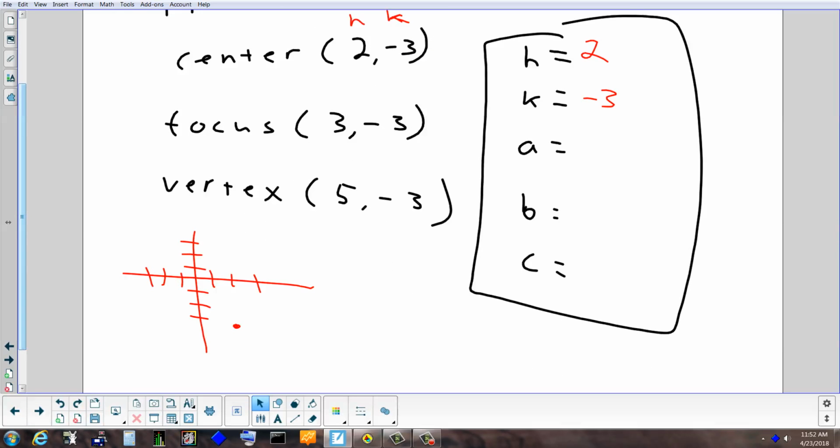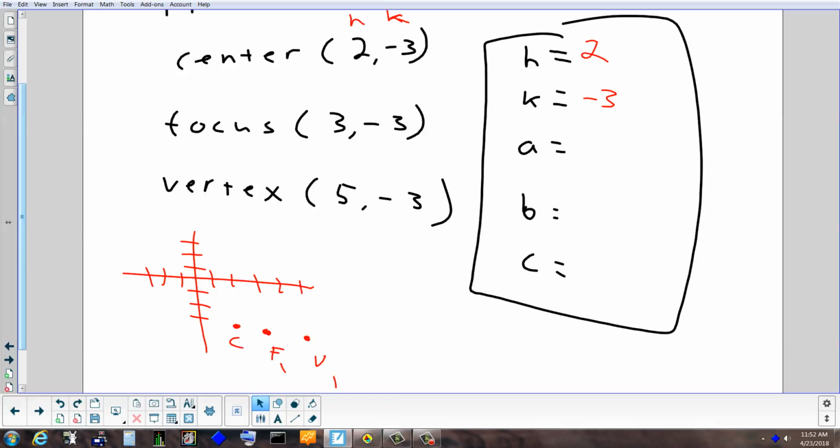I'm going to mark that as the focus. And the vertex is right 5, down 3. And of course, there's the ones on the other side as well. It's symmetrical.